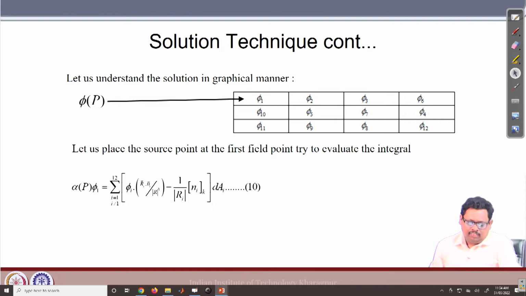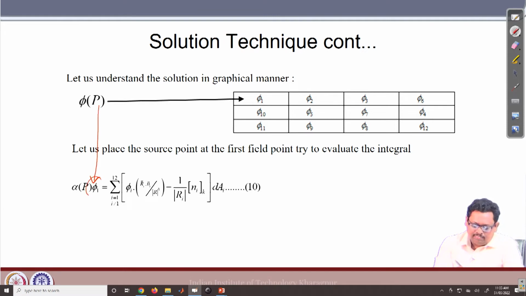Therefore, what I do here is substitute that phi with phi 1. Now, if I substitute this phi with phi 1, then what is going to happen? If you look at this equation number 10, you can see that I replace this phi with phi 1.